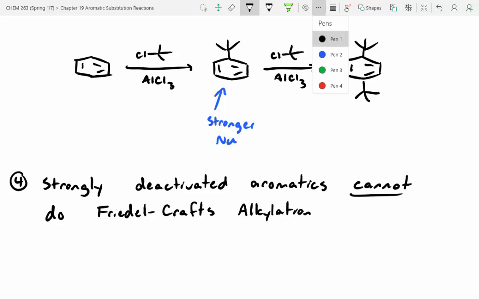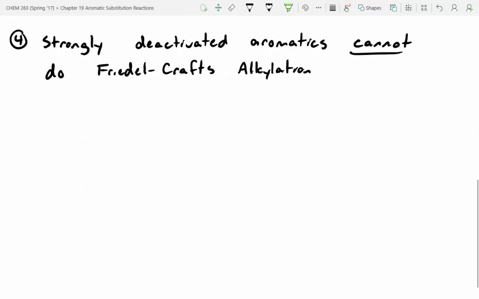And a strongly deactivated ring is something that has some sort of electron withdrawing group on it. And so I'll show you guys an example. Let's say we have already installed a nitro group, and I want to now add in an alkyl group onto the aromatic ring. This simply will not work.